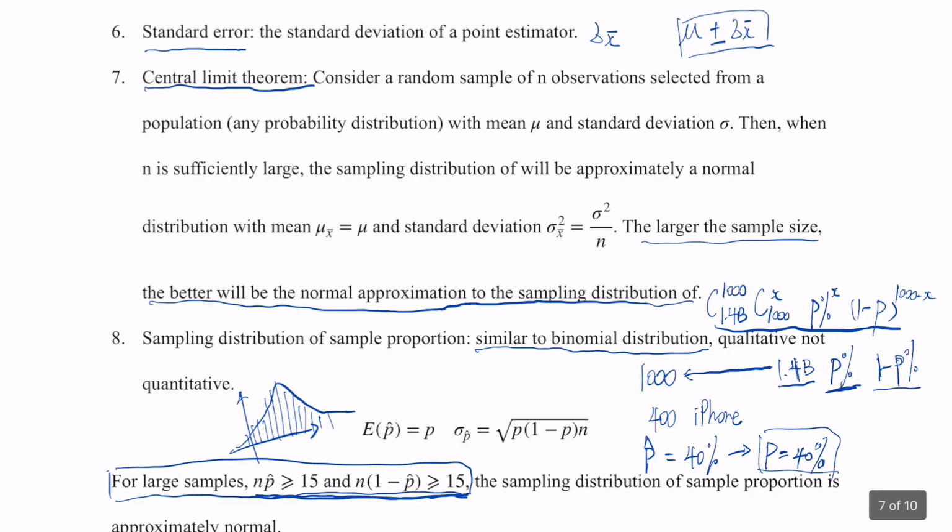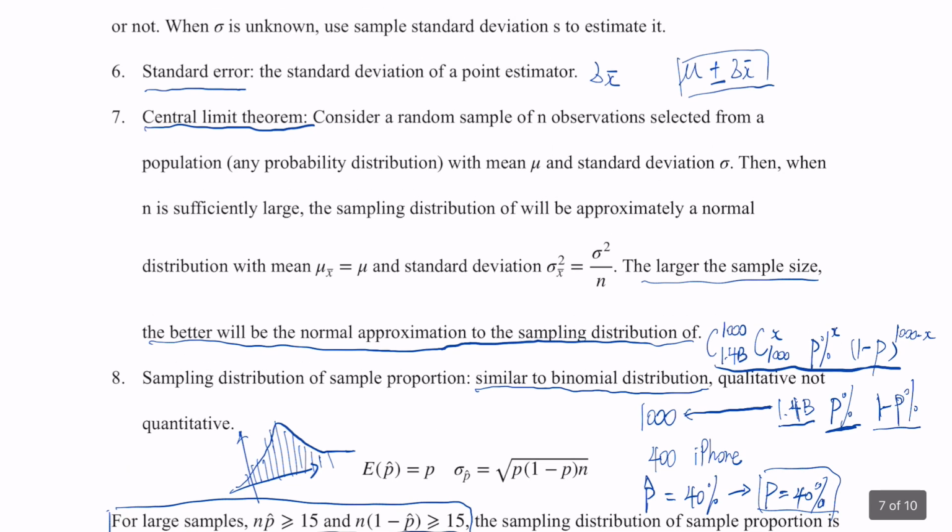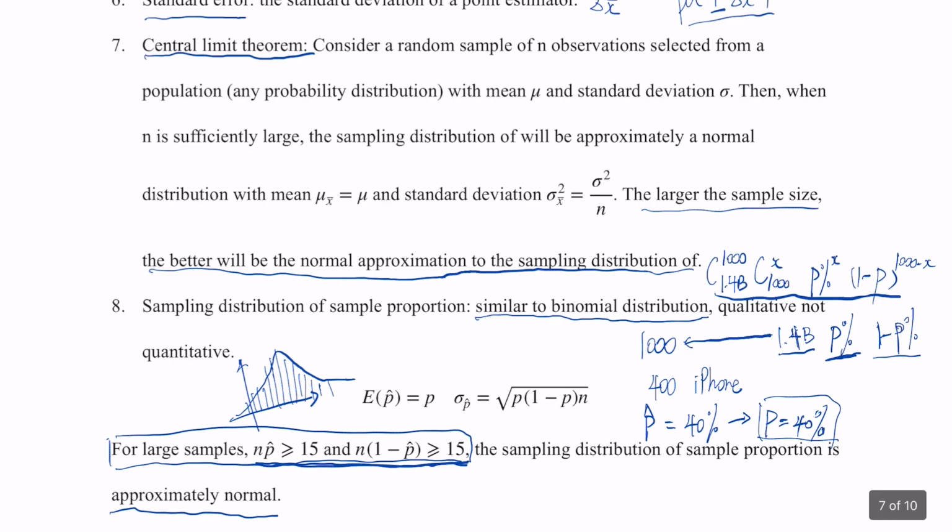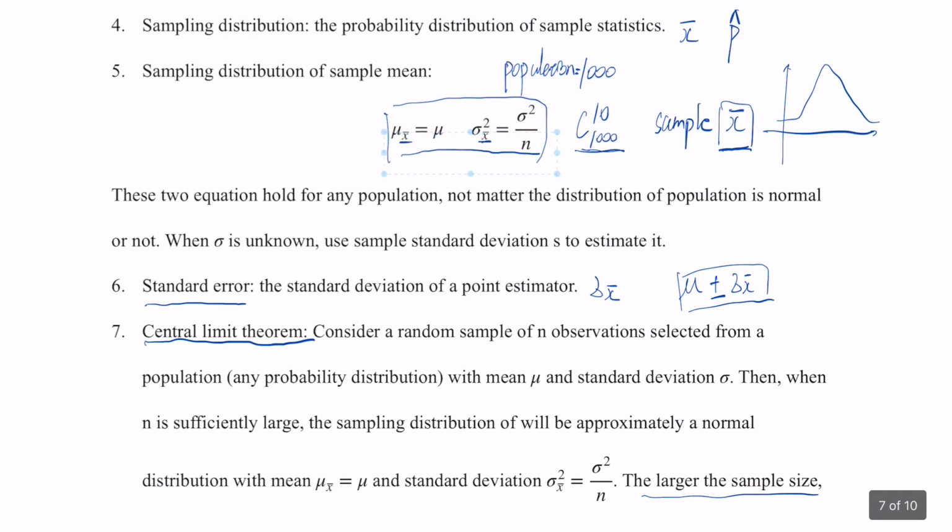That's it for the sampling distribution chapter. And the most important formulas, I'll use red, are this and this. Oh wait, I'm sorry, it's this. So remember these two formulas.